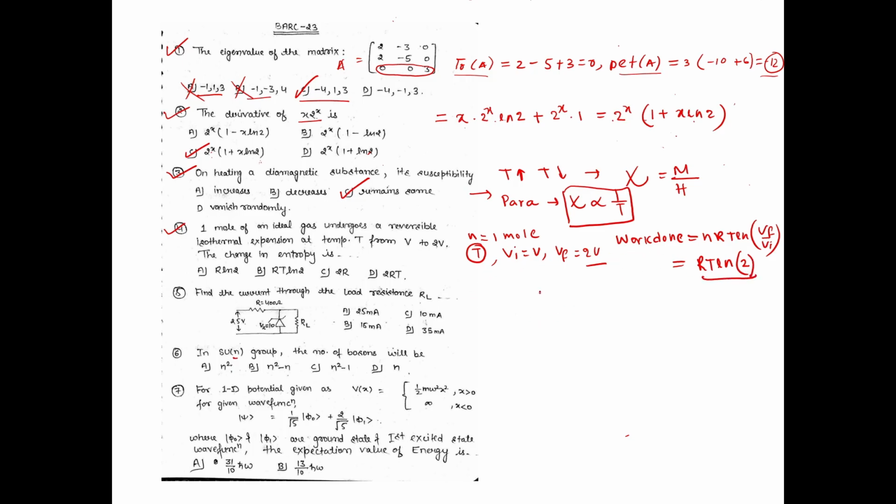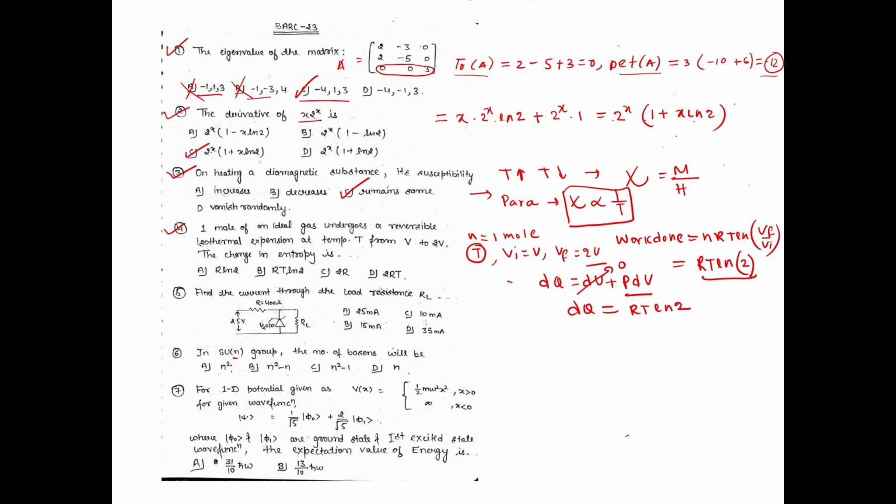Now according to the first law of thermodynamics, we know that dq equals du plus pdv. So pdv is nothing but the work done. Now for this process, that is a reversible isothermal expansion, du is 0, so dq is pdv, that is the work done, RT ln 2.